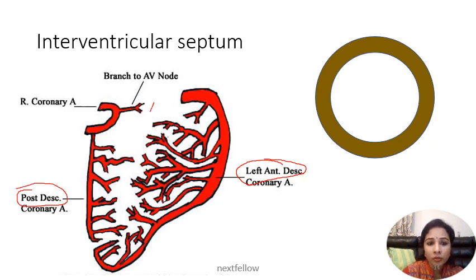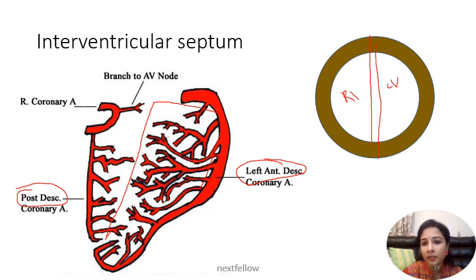Most of the interventricular septum, we can see, is mainly supplied by this part, that is 2/3 by the anterior interventricular artery. Here is the interventricular septum, which divides the right and left ventricles. This is the left ventricle and this is the right ventricle of the heart.